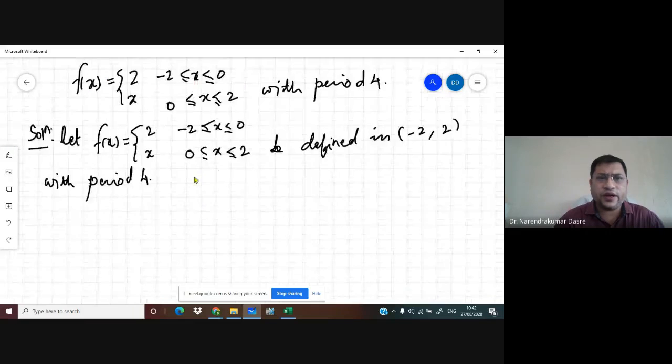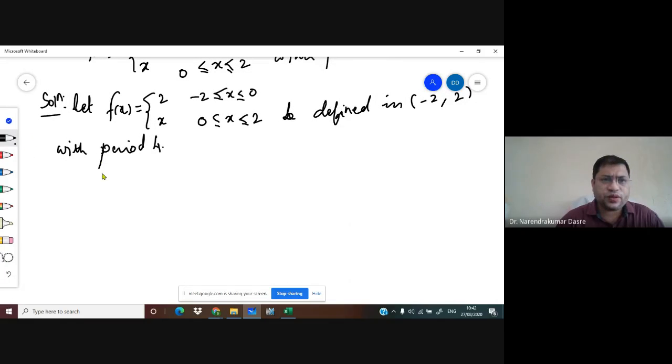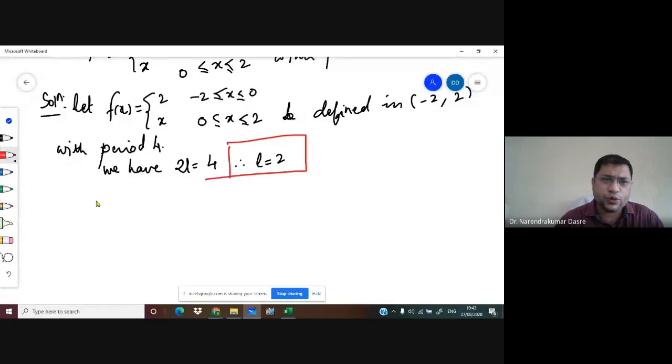So here the function is defined in the interval minus 2 to 2, and hence this is the interval minus L to L. We have period 4, so 2L is equal to 4, and hence L is equal to 2. Once we identify L is equal to 2, we need to write the Fourier series expansion for the function in this interval.